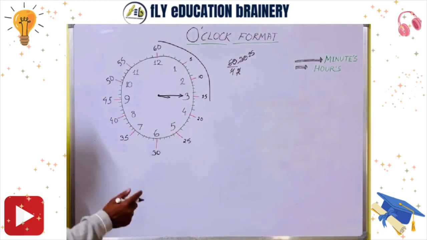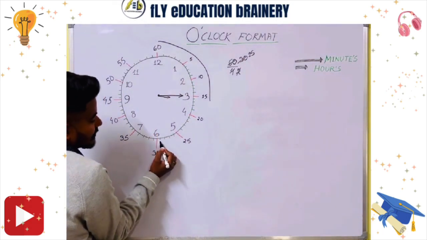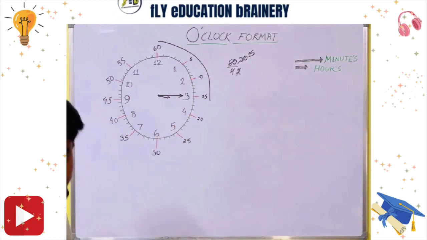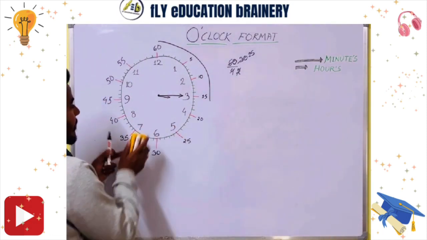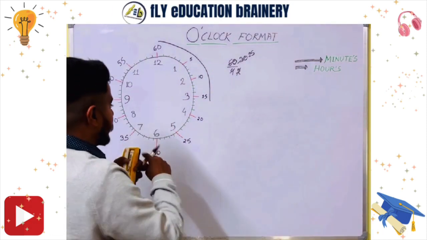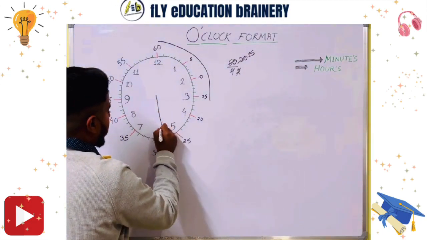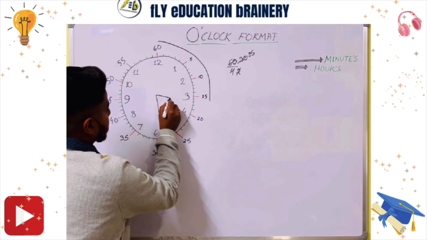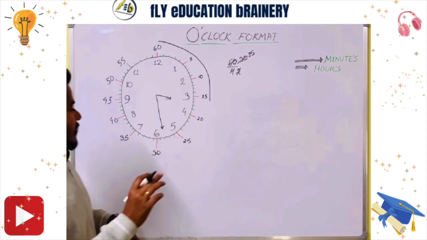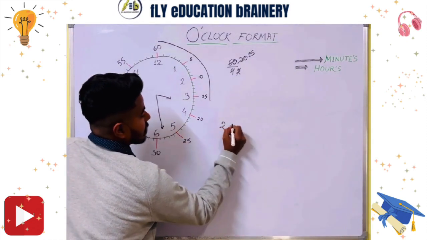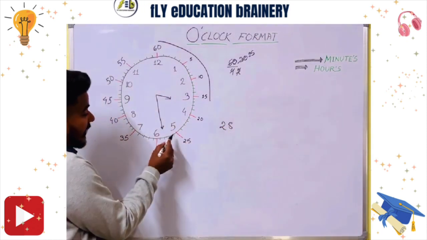Now the main twist is till 29. Suppose it's 3:28, so we will write it as 28 because 28 minutes are gone.